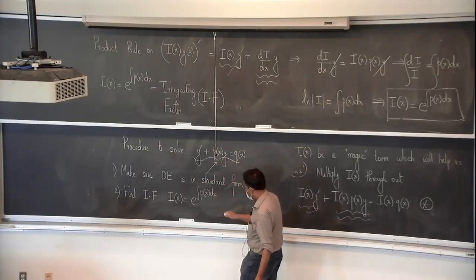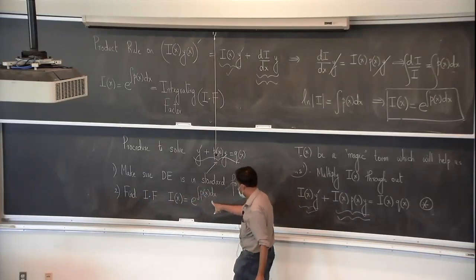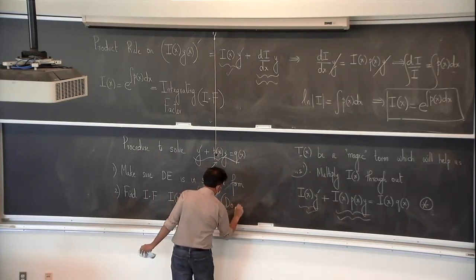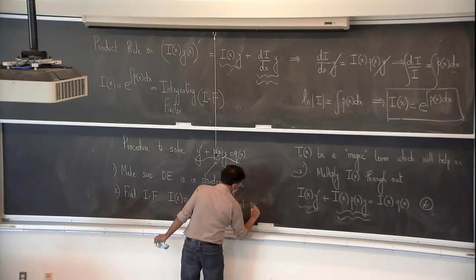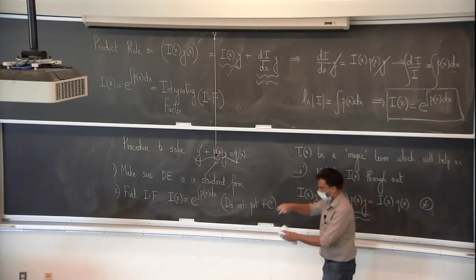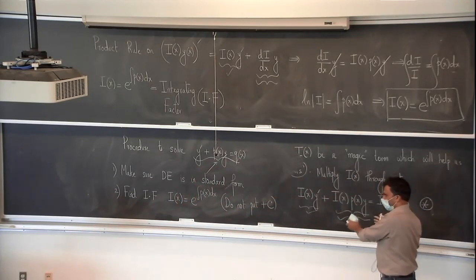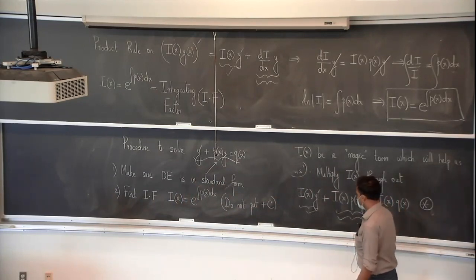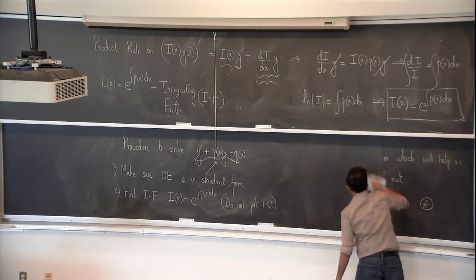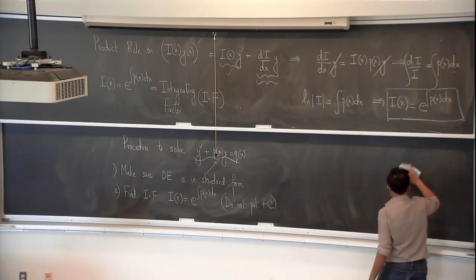One other piece of advice for this step is do not put any plus c here. We'll put all the plus c's later. We don't want to keep adding c's here and there and make this more confusing. So keep the integrating factor clear of any constants.